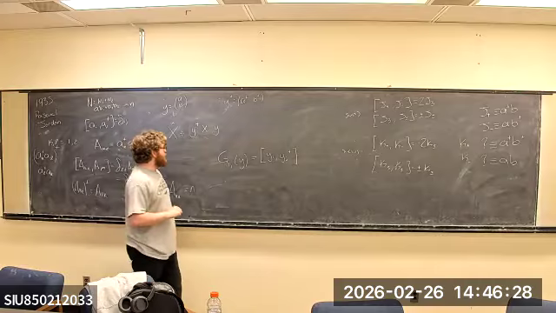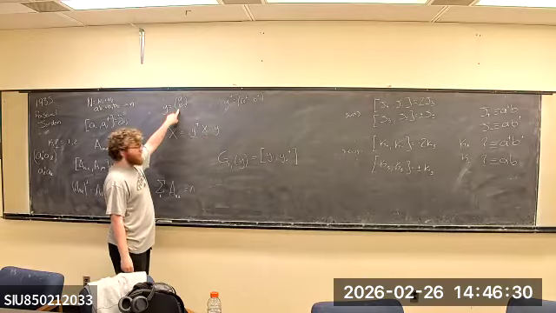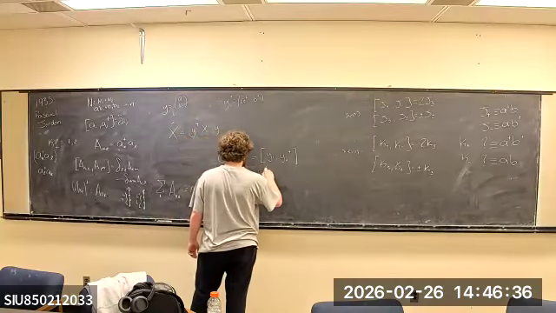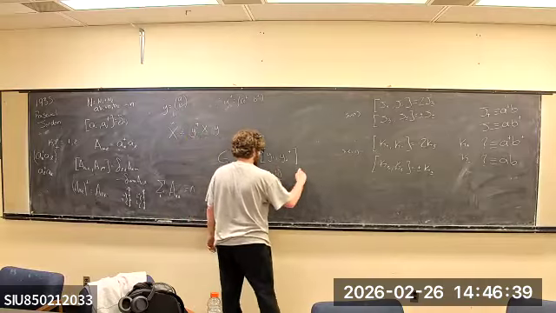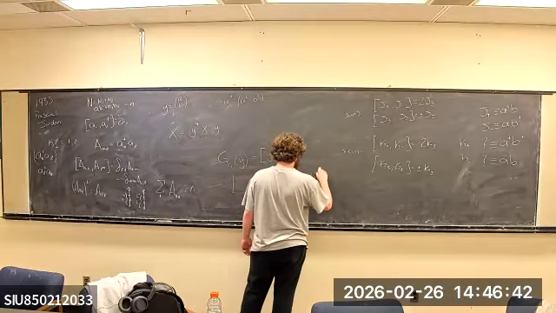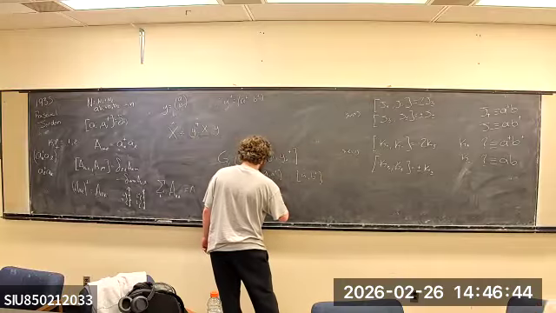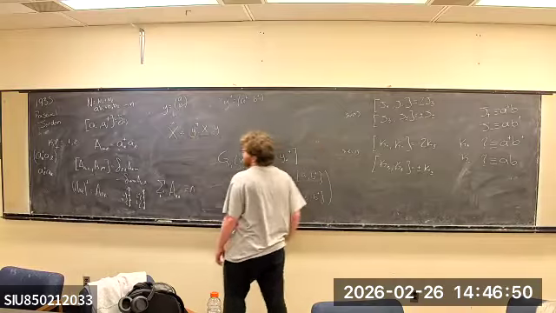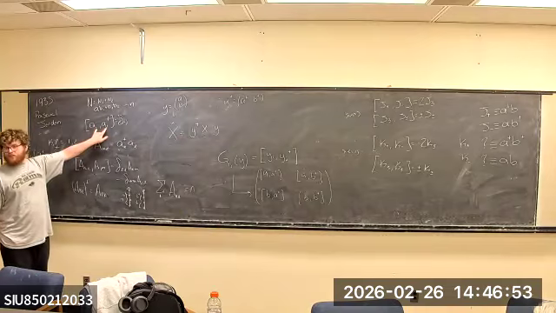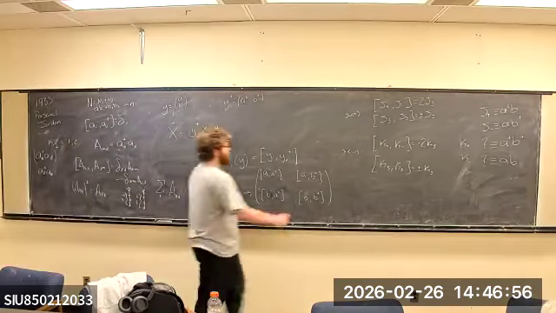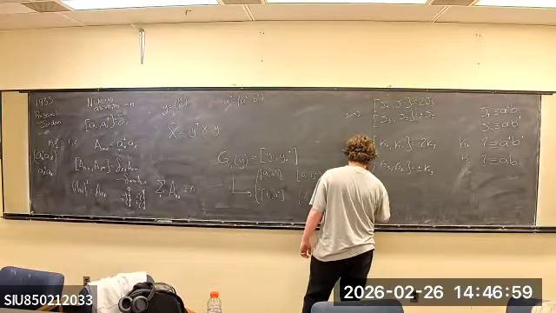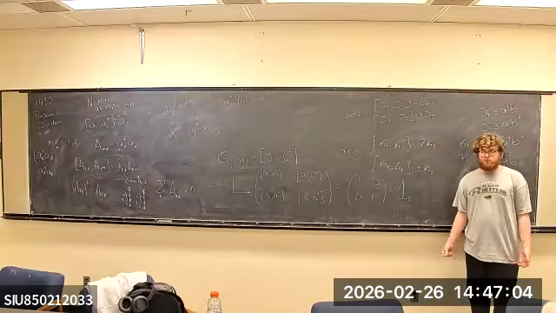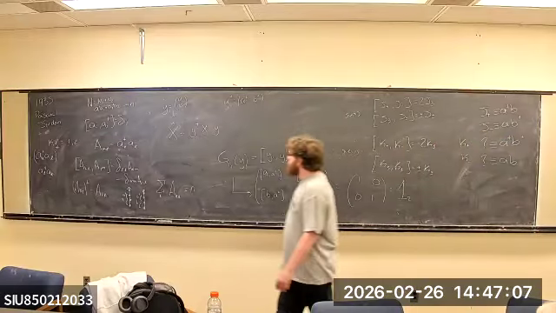What do I get when I do this? For instance, if I use this one, my elements would be a a dagger, a b dagger, b a dagger, and b b dagger. And given this commutation relation, which we defined earlier, this spits out the 2 by 2 identity matrix. So that's pretty interesting.